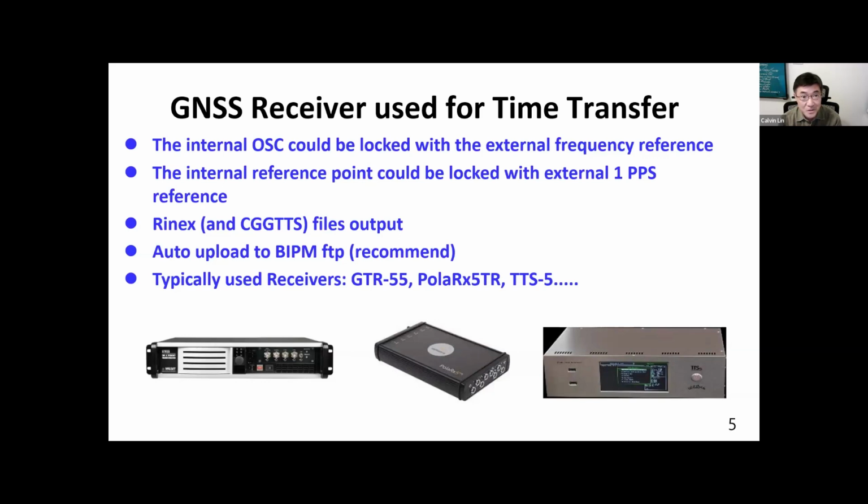It is better if it can automatically upload the RINEX file and the CGGTTS file to the BIPM FTP. Typical receivers used are the GTR55, PolaRx5, or TTS-5, you can choose. Otherwise, of course, you can do it manually. If your receiver can generate RINEX, you can convert your RINEX into CGGTTS and upload.